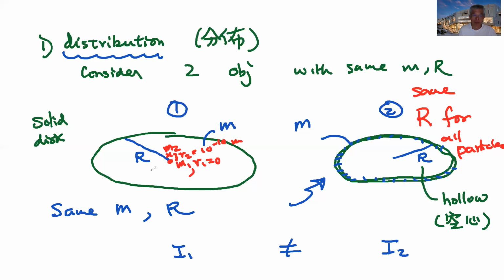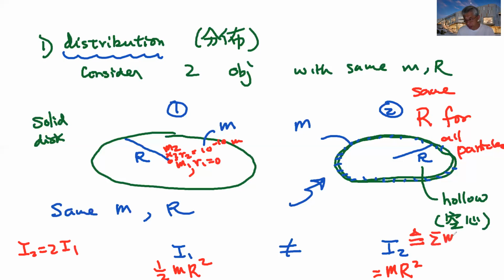It turns out this I1 is equal to 1/2 mR squared, and this one here is just equal to mR squared. There's no 1/2. So you can see I2 is equal to 2 I1. By definition, this is the summation of m_i r_i squared.